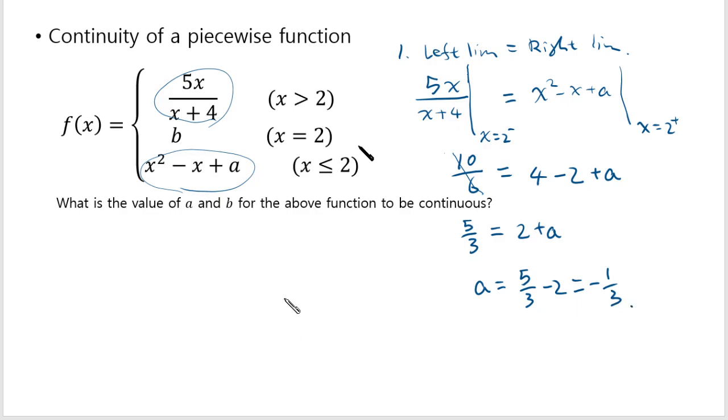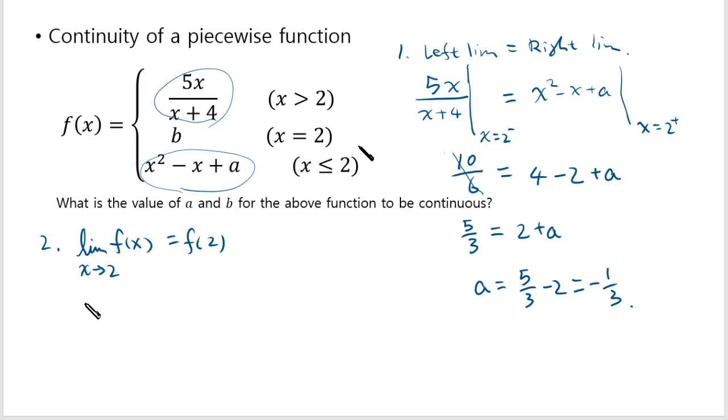Okay? Now, this condition number 1 makes sure that the limit does exist, right? The left limit and the right limit do agree, and therefore the limit does exist. But the entire condition for a function to be continuous at x equals 2 is that the value has to equal this.